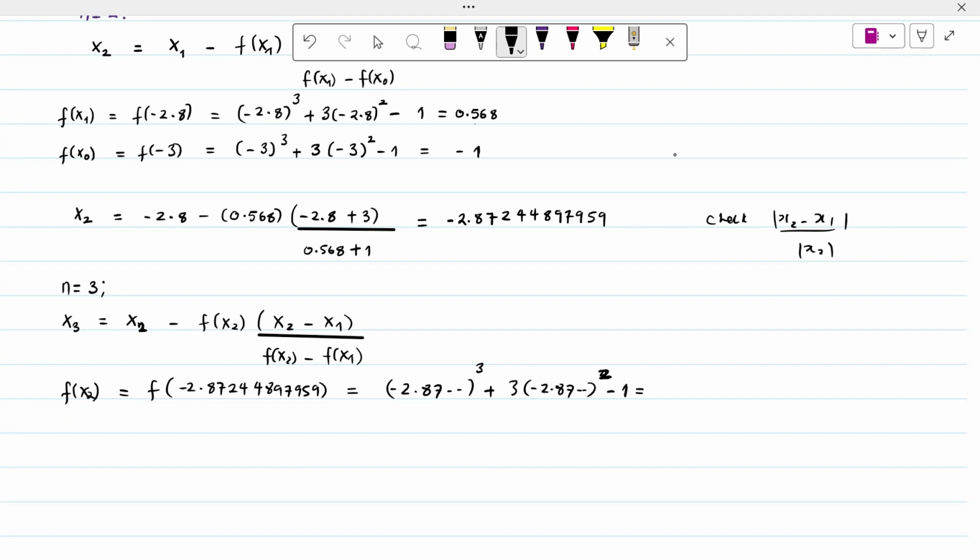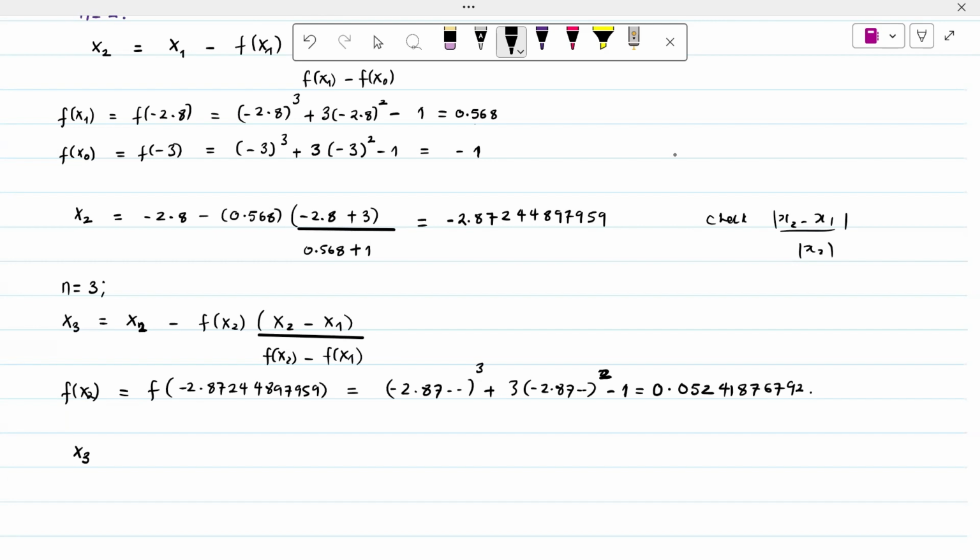So I'm getting 0.052. I'm getting the same, 0.05241. Okay, all right. So that is f of x2. Now we go back and substitute in the formula.